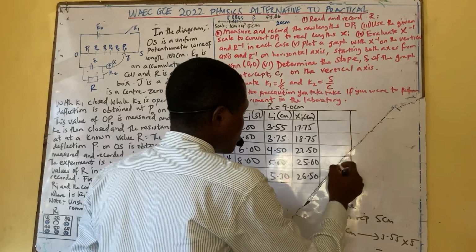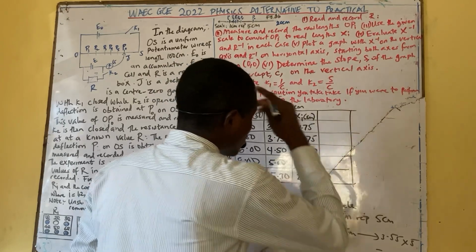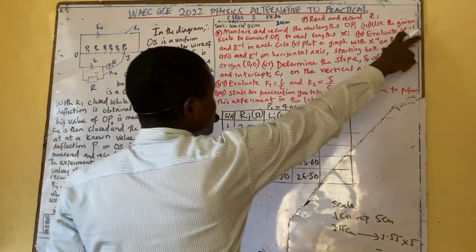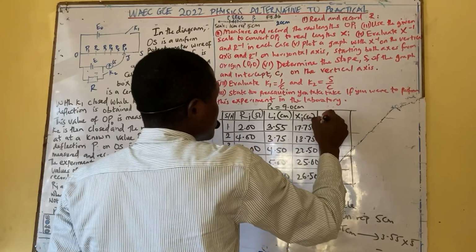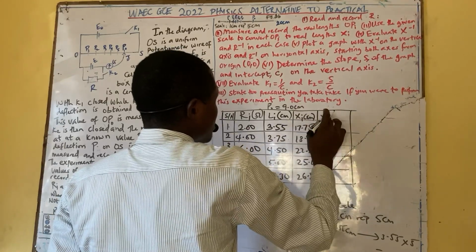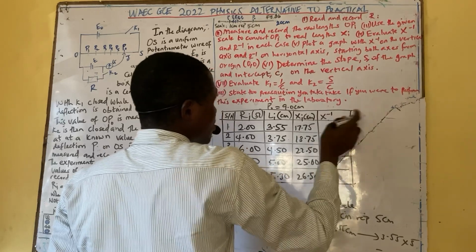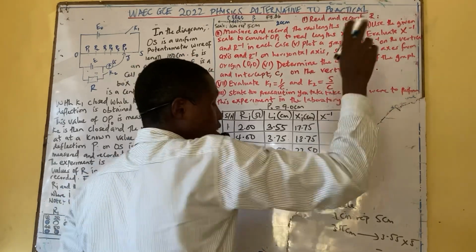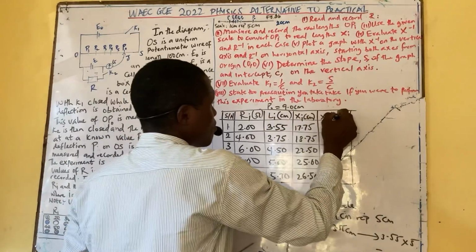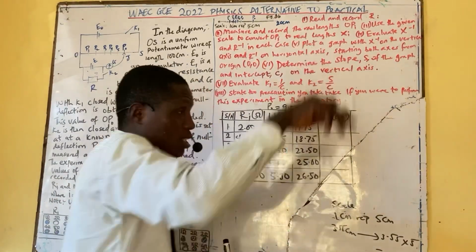Now what is the next thing we have to do? We are asked to evaluate Xi inverse. X inverse means 1 over x, which is in per centimeter. So we take 1 divided by this.